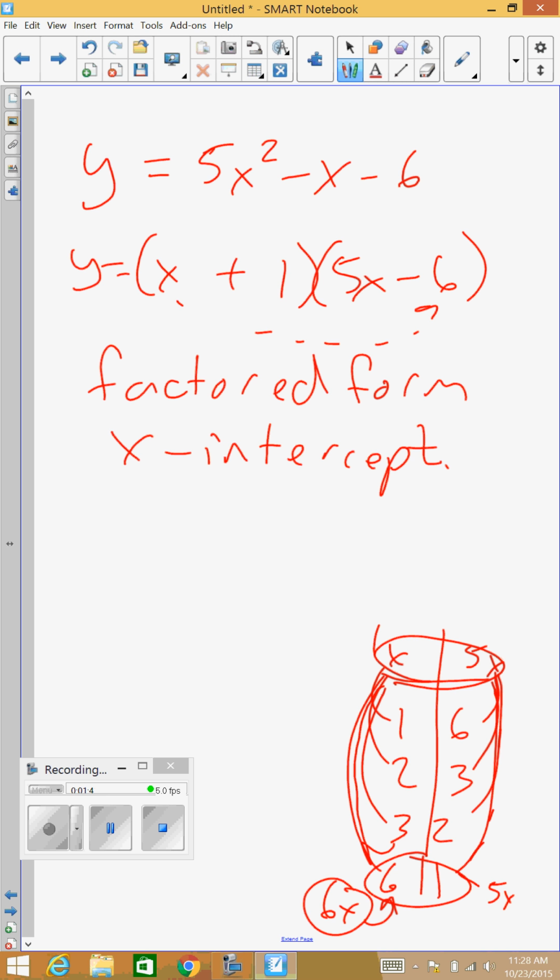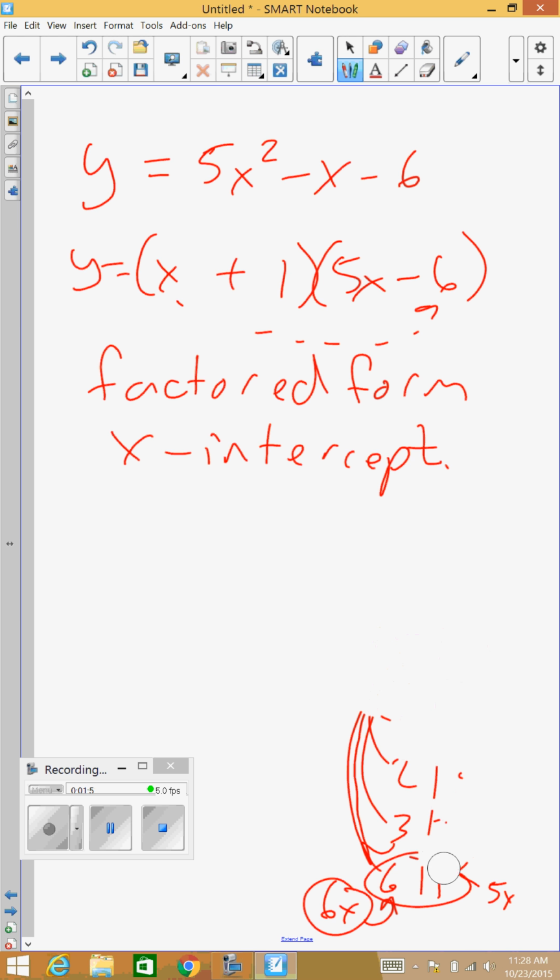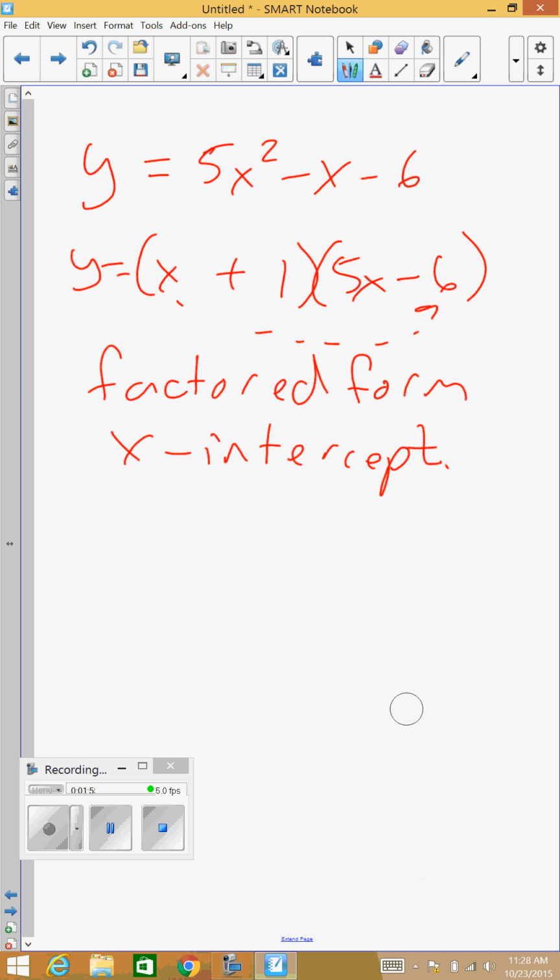Like we talked about in the earlier video, what these two parts can tell us is where our x-intercepts are on our graph. So I'm going to go ahead and make some more room. I'm going to get rid of this stuff down here, and I'm just going to do a real quick sketch of this graph. I know that my x-intercepts are when y is equal to 0.